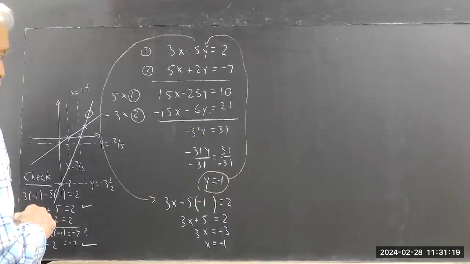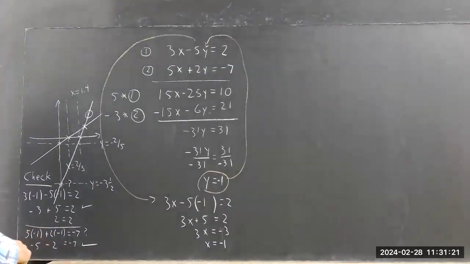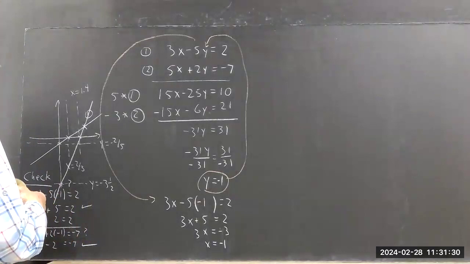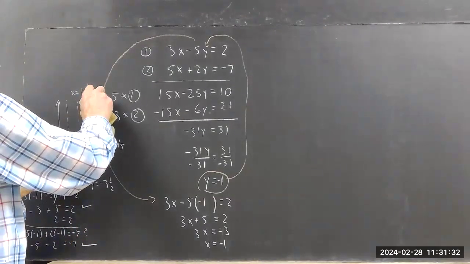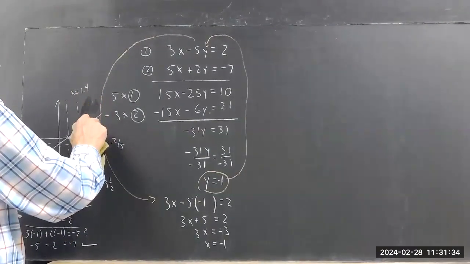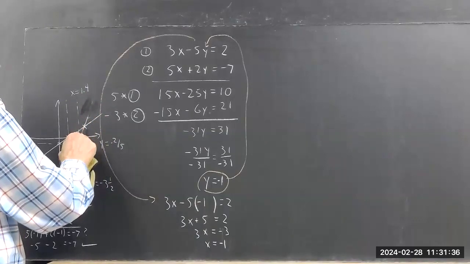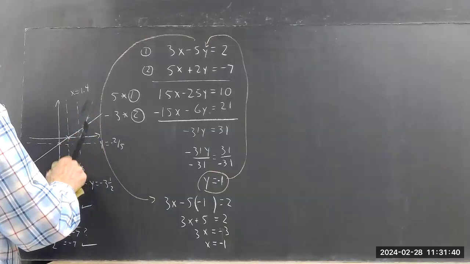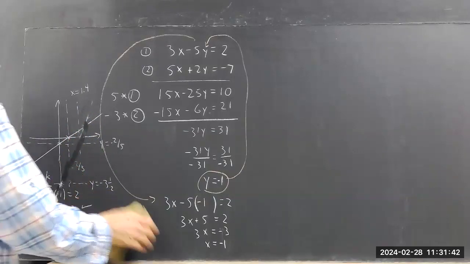And you know what's wrong? x should have been negative 1.4. Bunch of mistakes. This line and everything. So yeah.